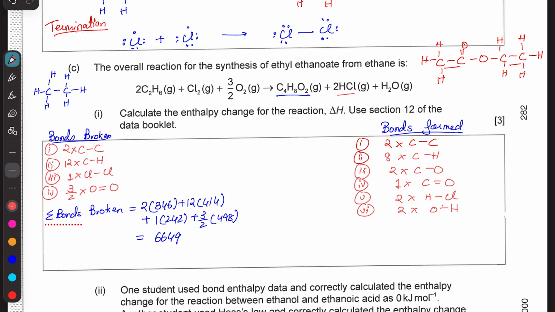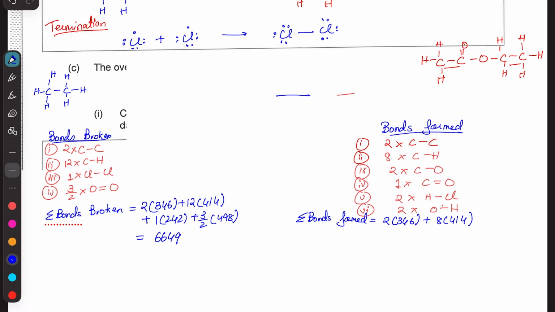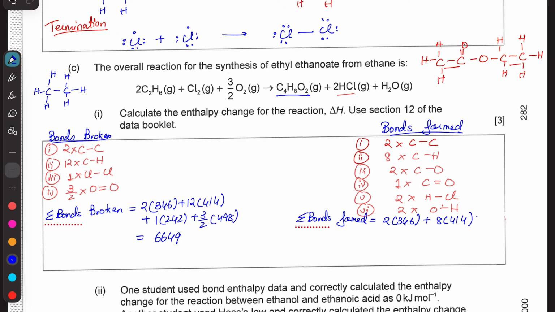So summation of bonds formed, we have to find this. CC is 346, so 2 times 346. CH is 414, so 8 times 414. C single bond O, CO is 358, so it will be 2 times 358.